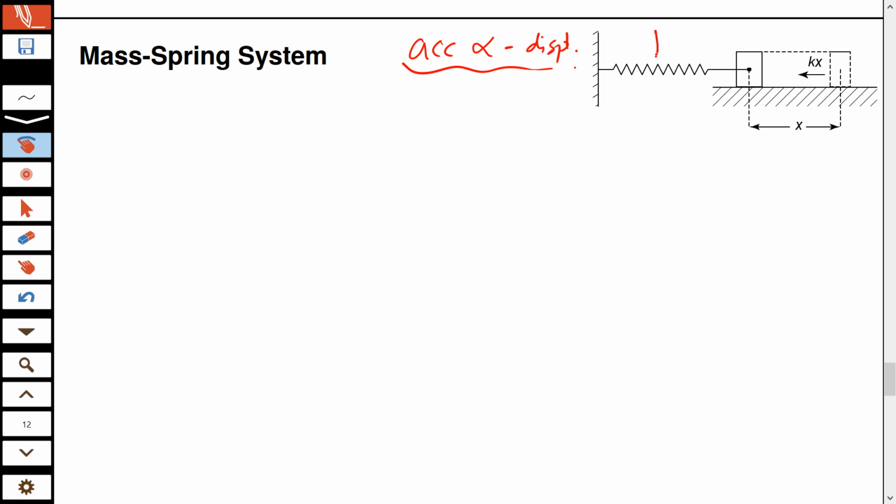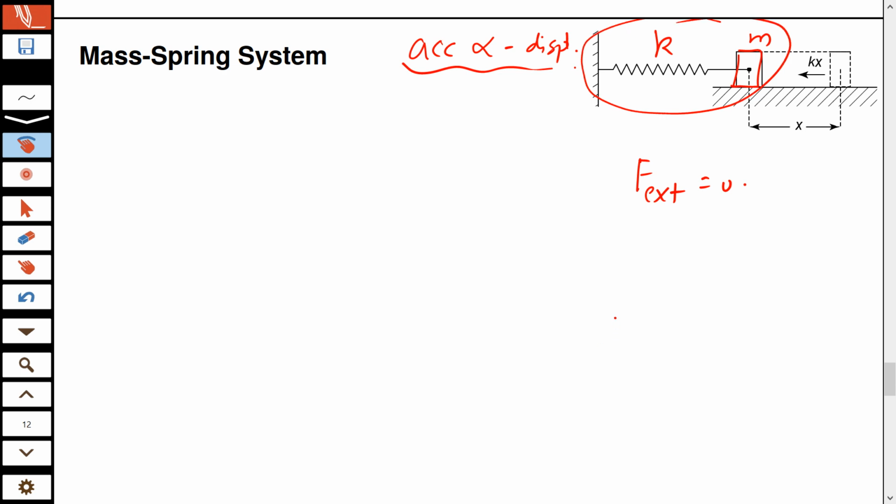So let's say the spring stiffness is K, you know that, and you have a block of mass M. So now this mass M is only interacting with the spring. There is no external force.